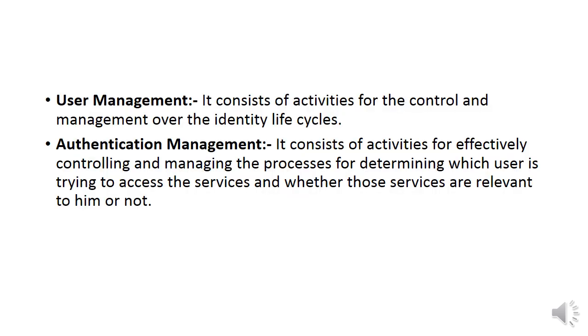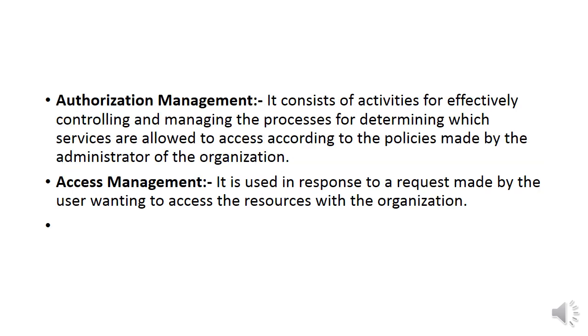User management consists of activities for the control and management over the identity life cycles. Authentication management consists of activities for effectively controlling and managing the processes for determining which user is trying to access the services, whether those services are relevant to him or not. Authorization management decides whether the access is allowed according to the policy of the organization.